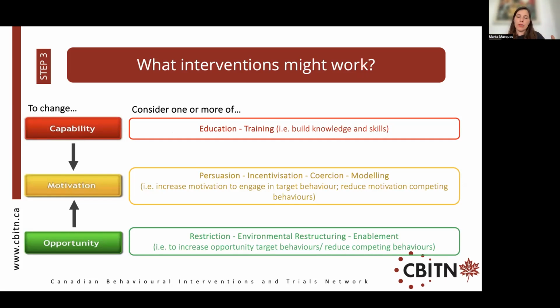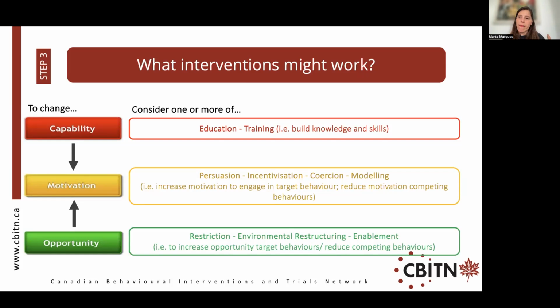So if you want to change capability, especially psychological capability, you need interventions that are more focused on education and training. If we're talking about motivation, then modeling, persuasion, and providing incentives are ones that can link. If you're talking about opportunity, enablement, restriction, and environmental restructuring are the ones that are more suitable.